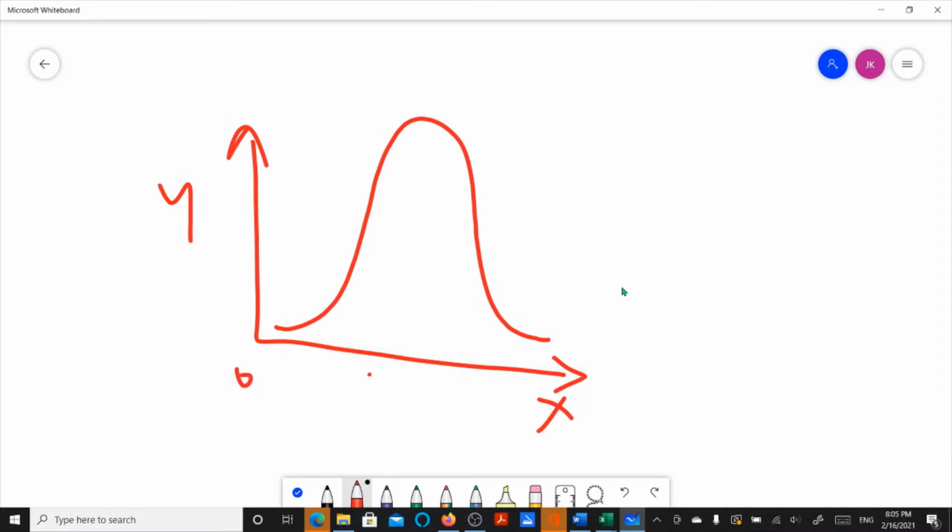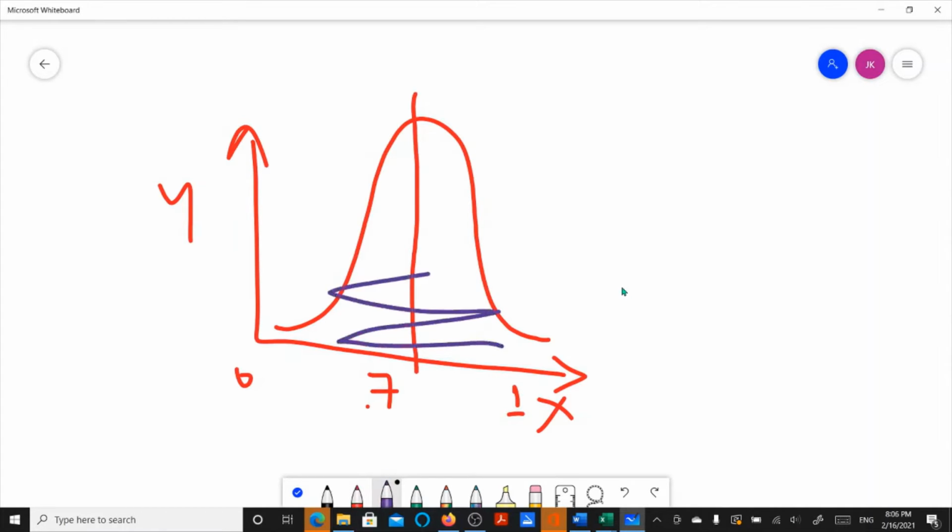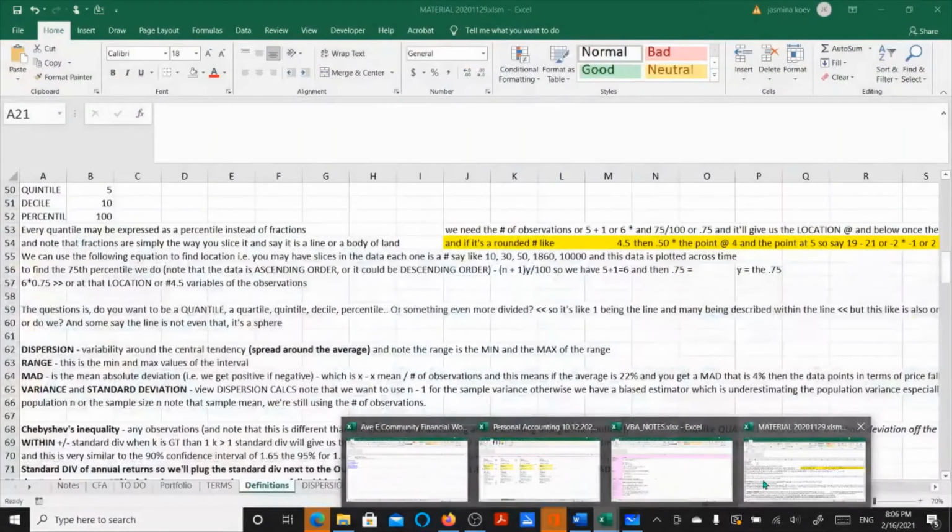This is 0, let's say this is 7 for 70, and this is 1 for 100. So we'll make this a 0.7. This is the central tendency, or the average. This dispersion, all of this over here, is an explanation of what is happening around the mean. That's dispersion.